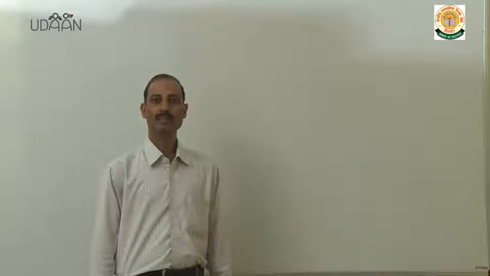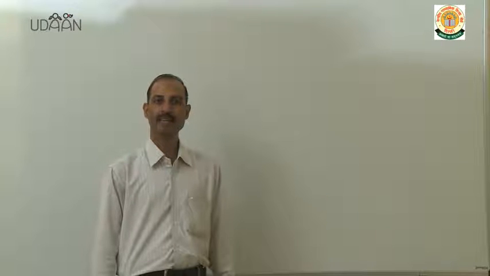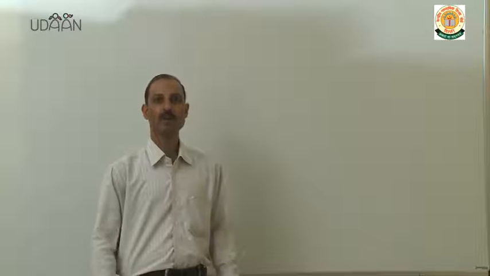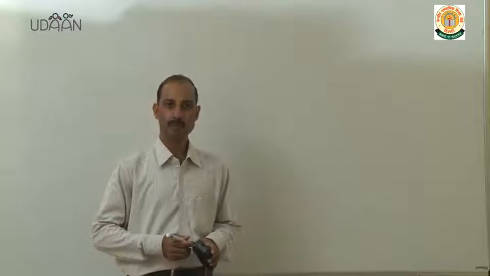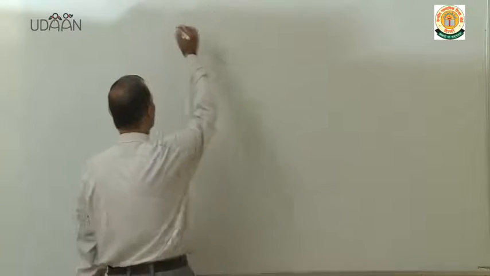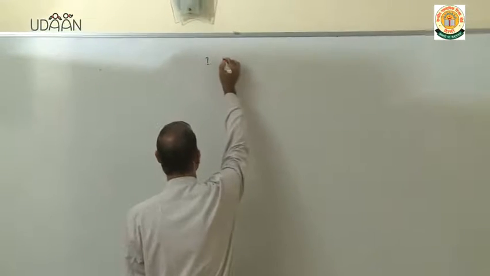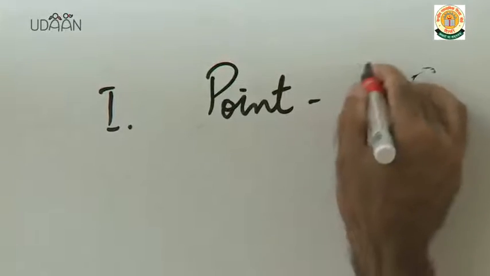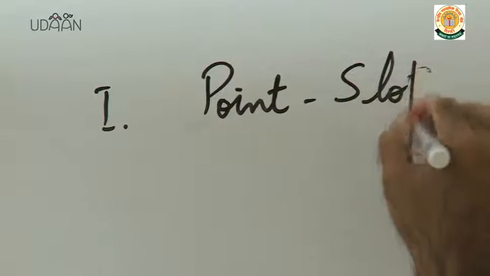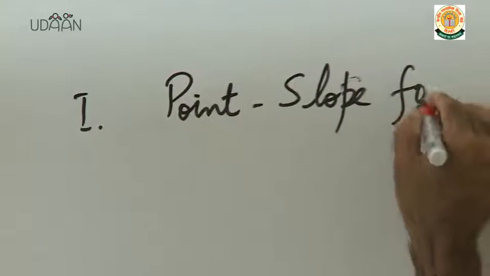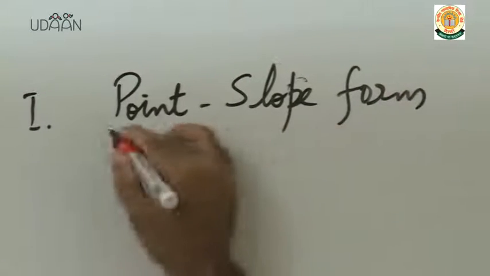Now I am taking the next form for the formation of a straight line. To form the equation of a line, now we will take some formulas. First form I am taking is when a point and slope are given. That is known as the point slope form.